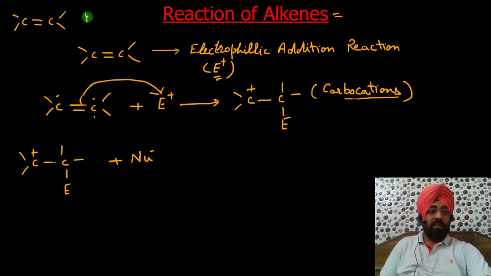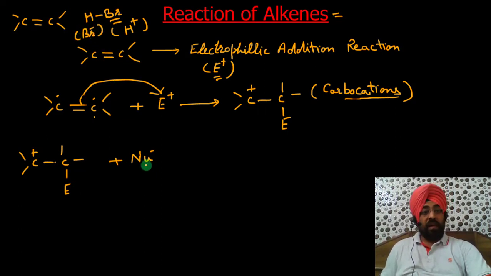Suppose we have HBr. Here H positive is the electrophile, and Br negative, which is its counter ion, is the nucleophile. Now this nucleophile will attack this carbon and you will get this product.